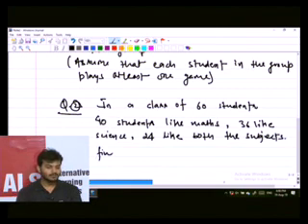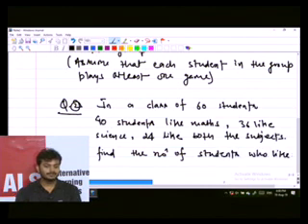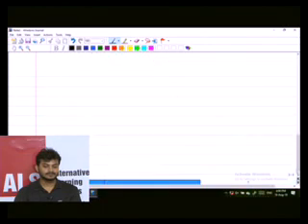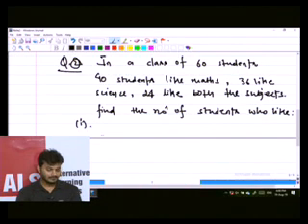Find the number of students who like, here is the first part, maths only.